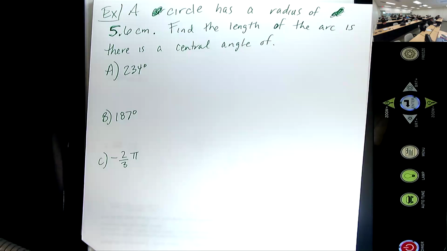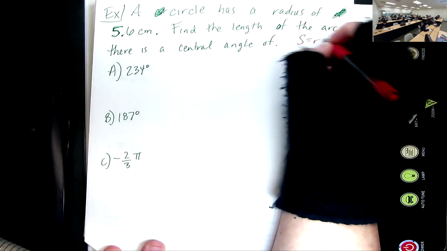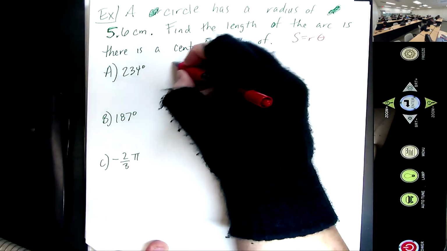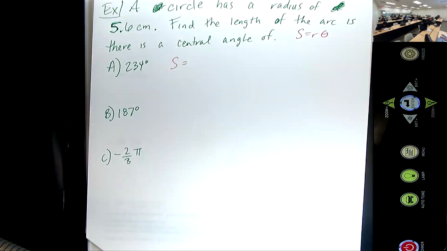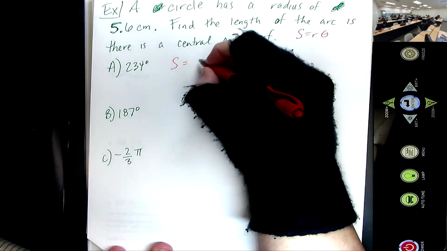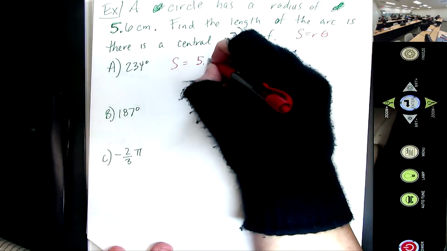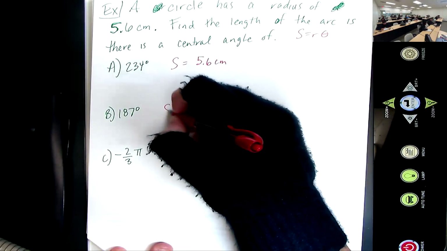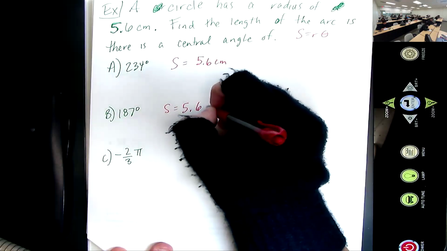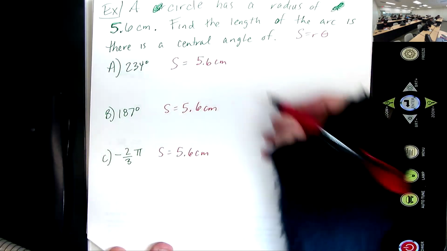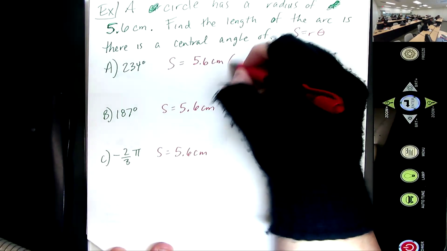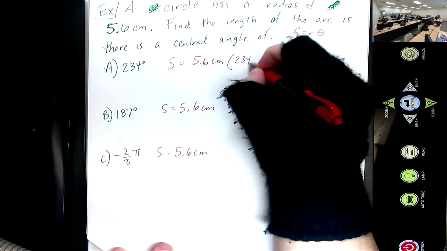So, S equals R theta. So we're looking for the arc length. If theta is not in radians, you want to make it part of your conversion process. So our radius is 5.6 centimeters. That's going to be on all of them. I'm going to use the same circle for all of them. And on this one, we chose 234 degrees.